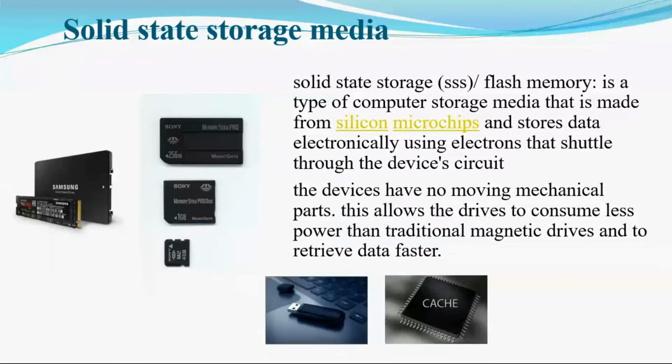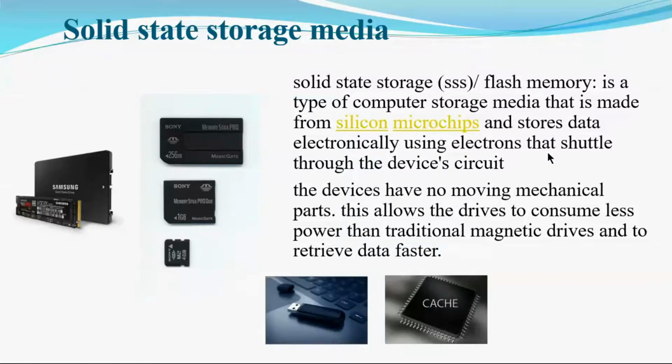However, now we have what we call SSDs. They are solid state hard disks, which don't have moving parts. They come in two types, either like this or as a chip, which we can put on our motherboard. Most of them are made up of silicon chips, and they store data electronically.